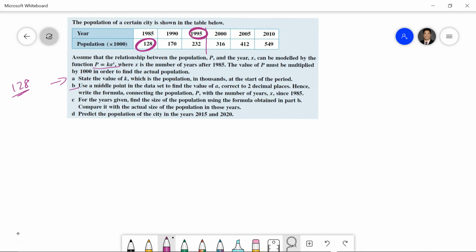Let's say the middle point is 1995. From 1985 to 1995, we're looking at 10 years, so x is equal to 10.